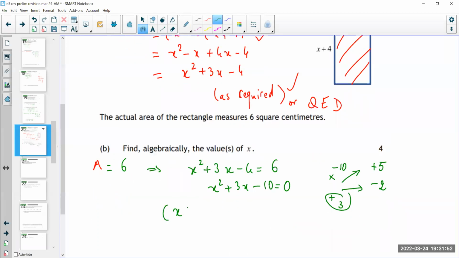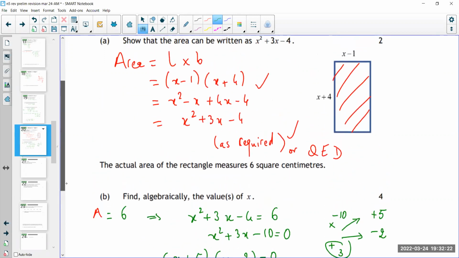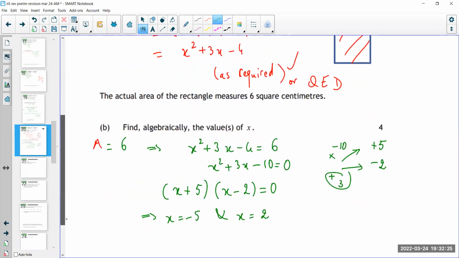You can rewrite that as x plus 5 times x minus 2 equals 0. So here we have two answers, right? x equal negative 5 and x equal positive 2. These are my two answers. Which one is the only plausible answer?